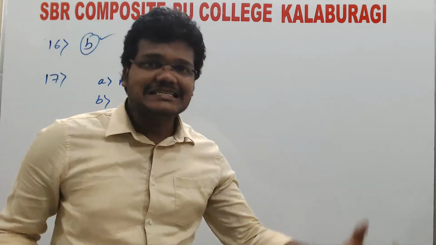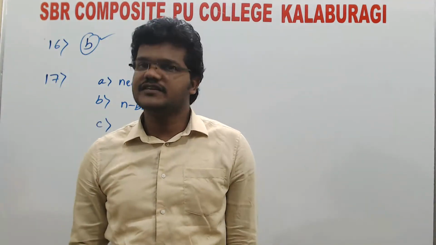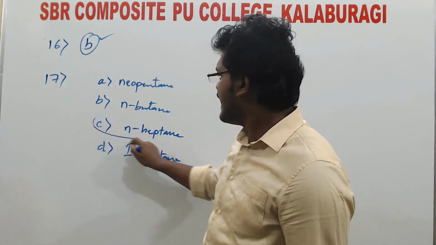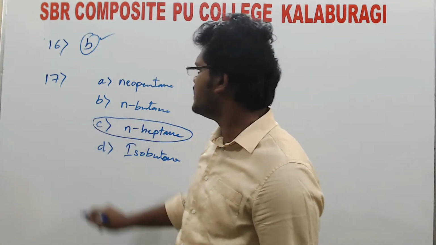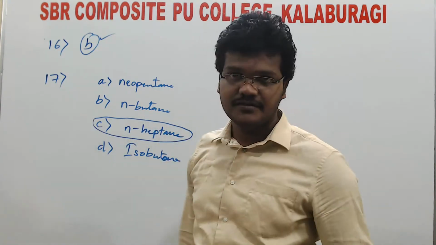See, as branching increases, boiling point decreases due to the decrease in surface area. Among these, option C is heptane, which means 7 carbons, a straight chain hydrocarbon.